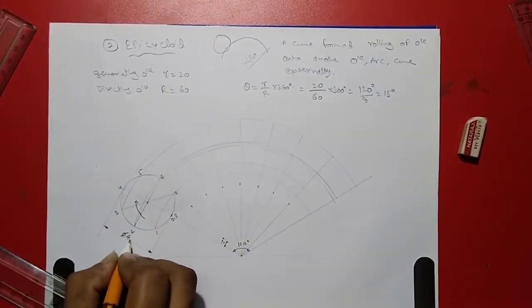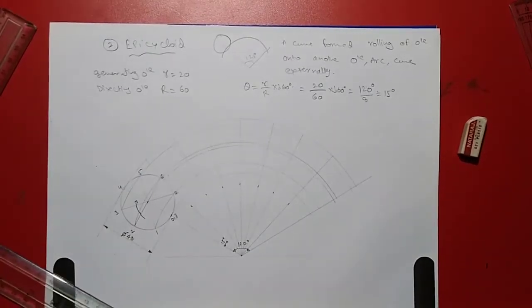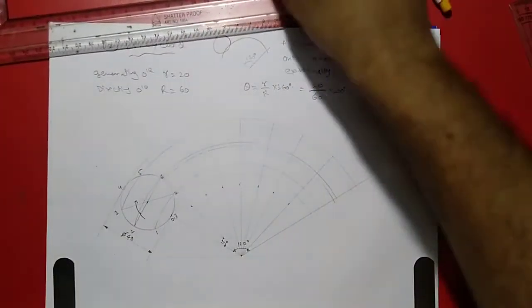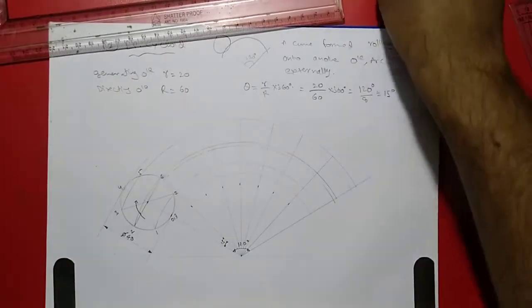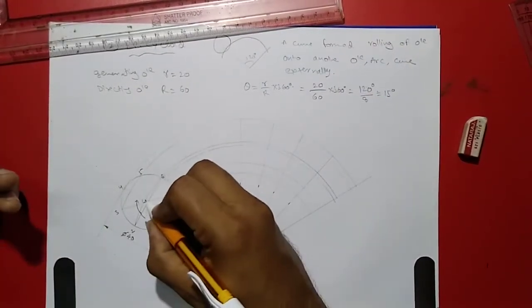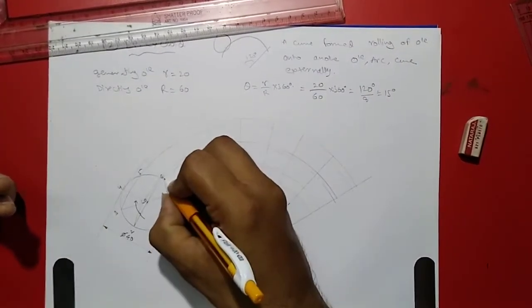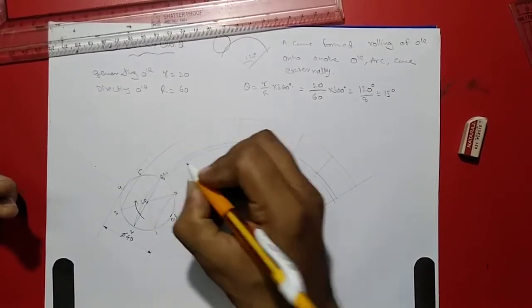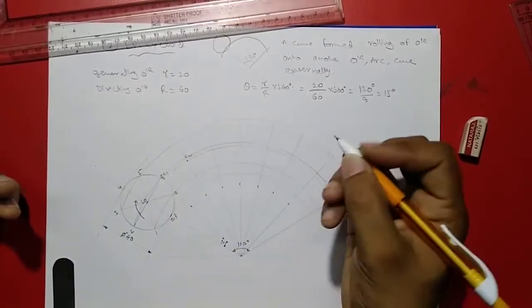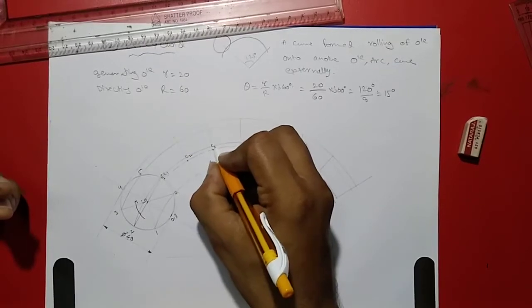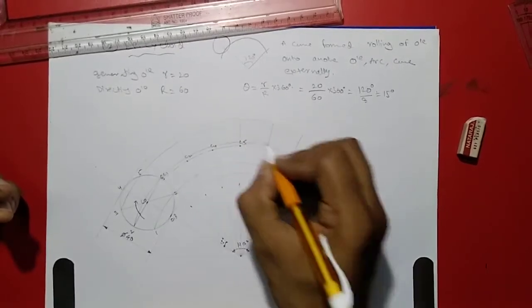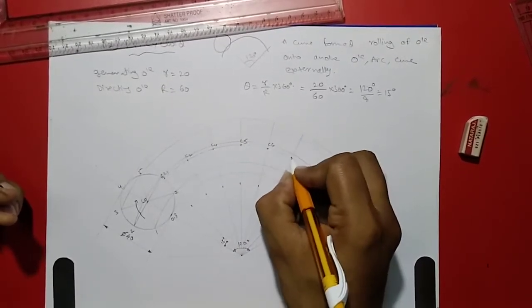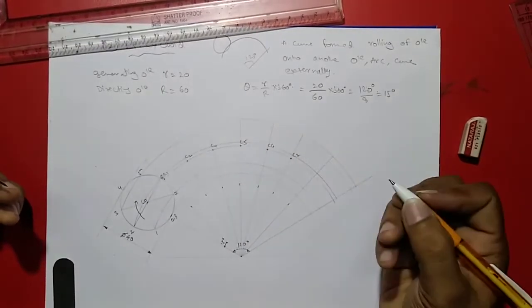Here the diameter is 40. And similarly, as you followed in the previous cycloid problem, we have to locate the centers C0, C1, C2, C3, C4, C5, C6, C7, and last C8.